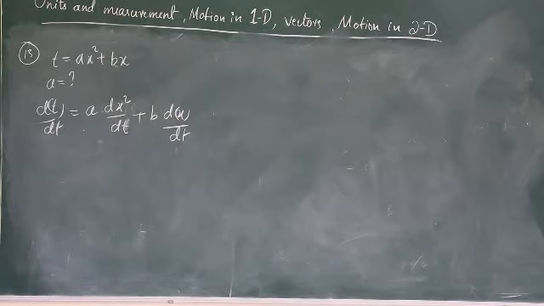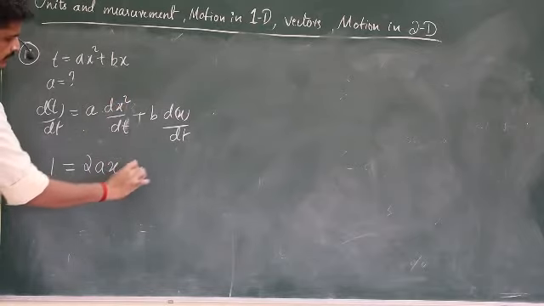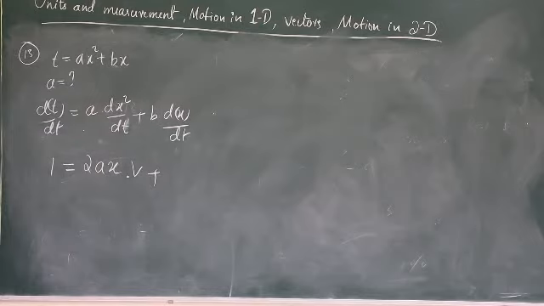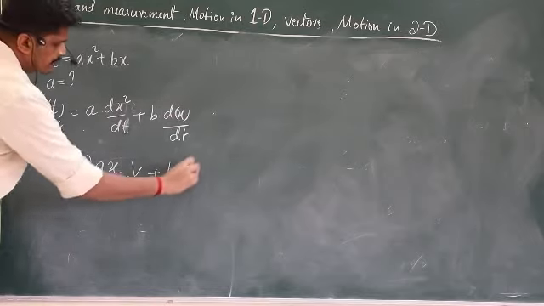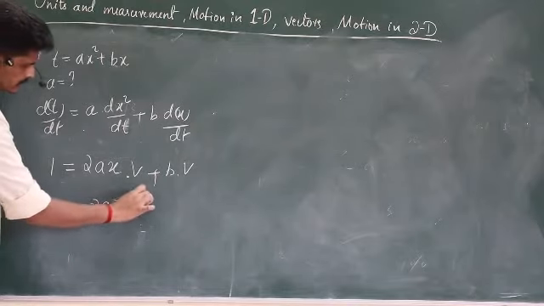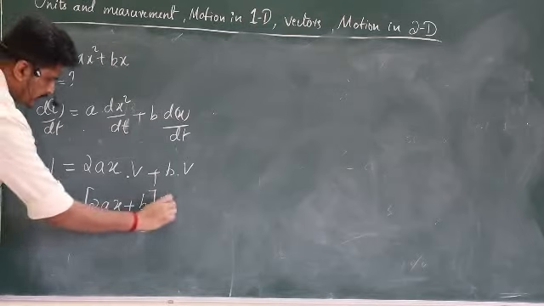Now the left hand side is differentiation of the same physical quantity, so 1 equal to 2ax, correct. Thereafter dx by dt means velocity, correct, then b into v. So 1 equal to 2ax plus b into v. This is what we get.